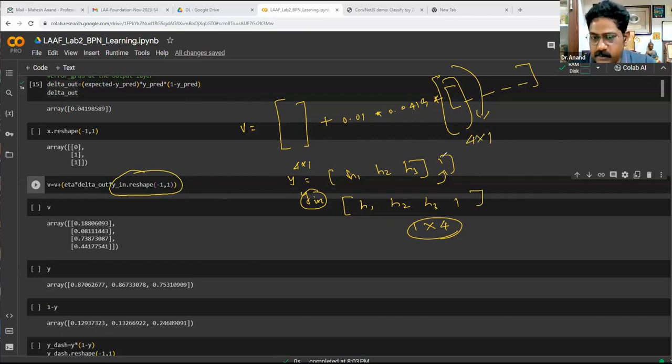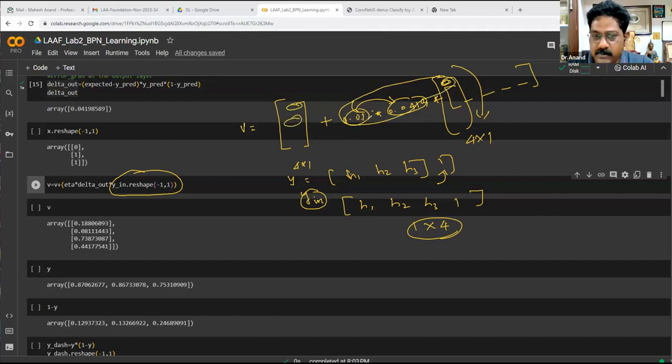So what will happen to the resultant value? This is a scalar. This will be multiplied with this, these two get multiplied, and in turn it will get multiplied with this. These three products will add with the first element, right?